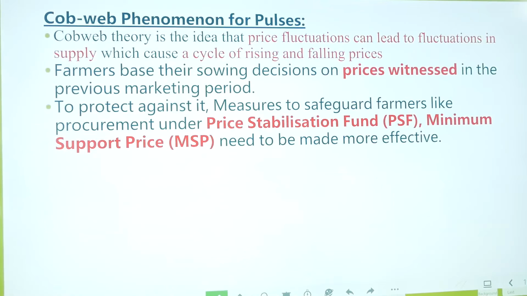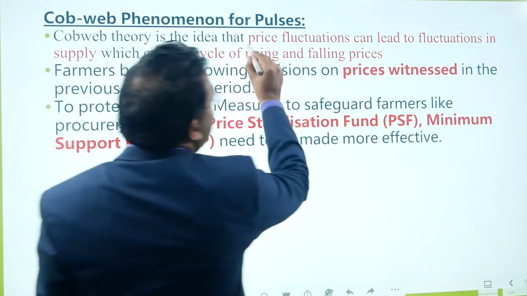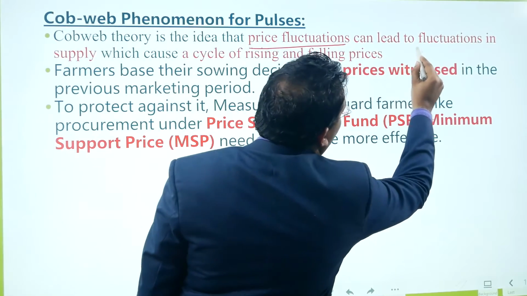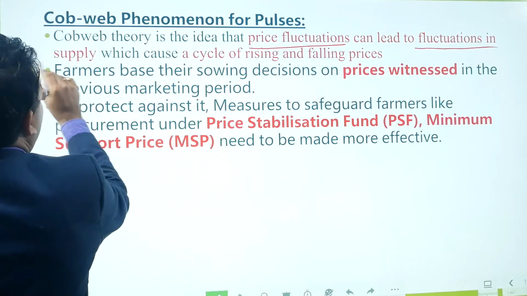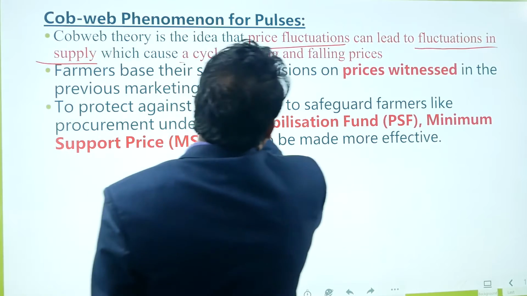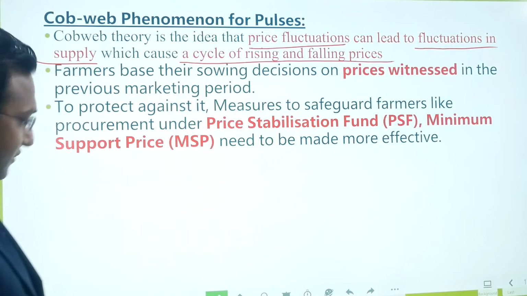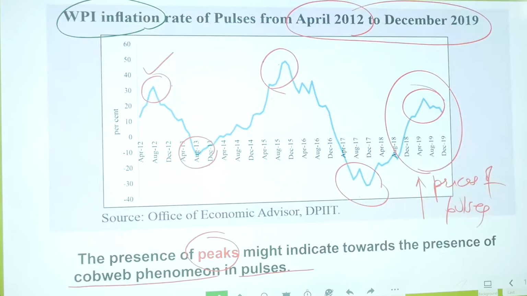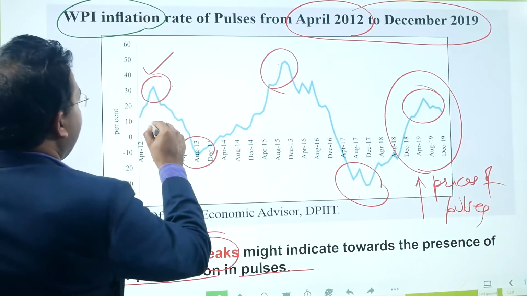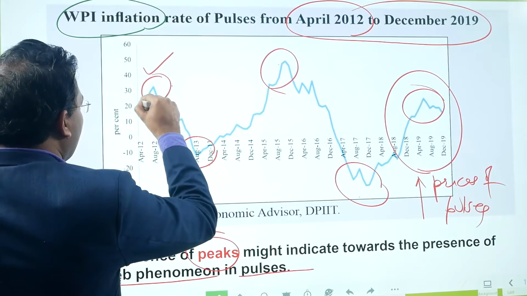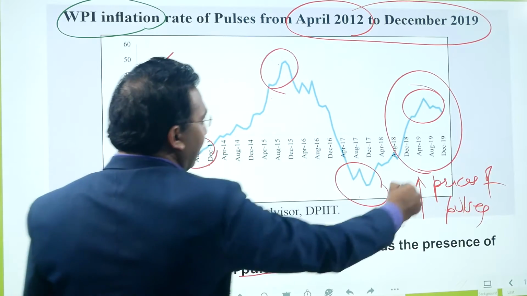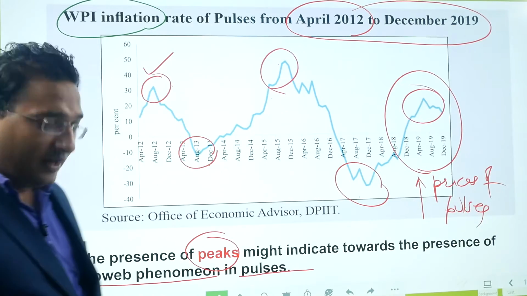Now this is the language given in the economic survey. Cobweb phenomena for the pulses. Cobweb theory is the idea that price fluctuations can lead to fluctuations in the supply, which cause a cycle of rising and falling prices, right? So we can see in the pulses there is a cycle of rising and falling, rising and ultimately falling prices.